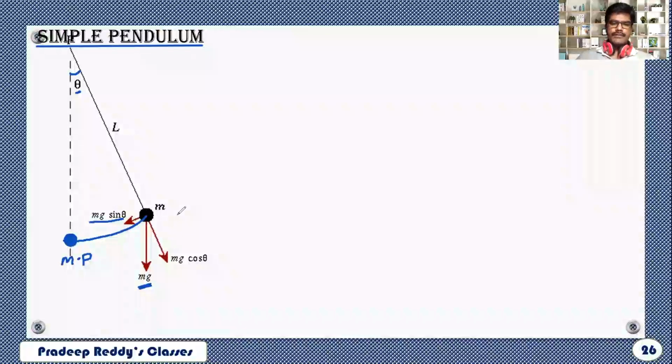Now the force acting here is mg sine theta, but because of that force, it is not executing straight line motion, it is executing curved motion.